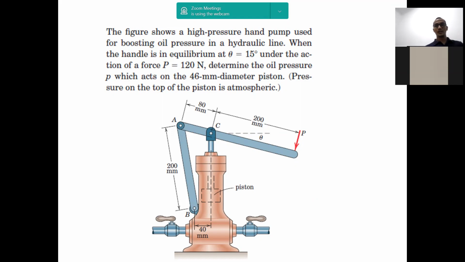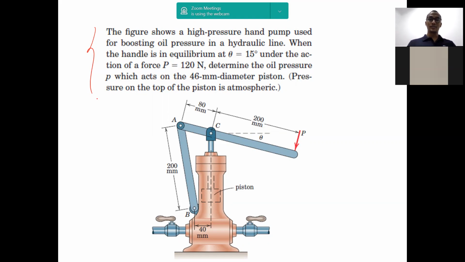While you are reading the problem, I will re-explain it. This one is a high pressure hand pump, which is used to boost the oil pressure in the hydraulic line.